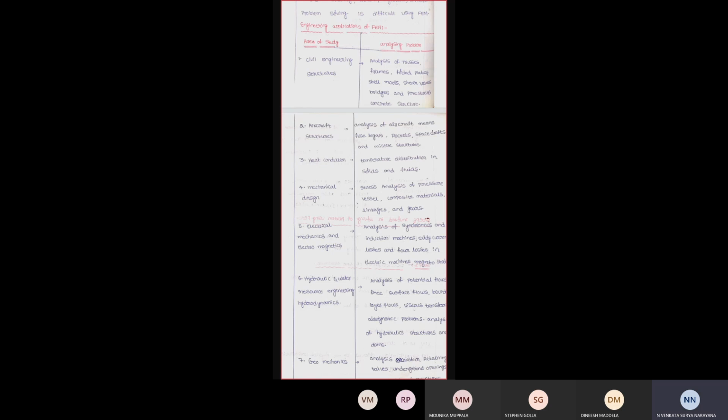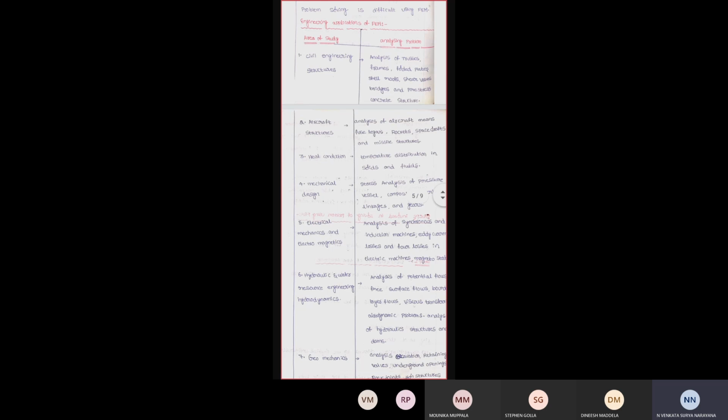Next, in civil engineering, we are analyzing trusses, frames, folded plates. Coming to aircraft structures, we are analyzing rockets, spacecraft, missile structures using the finite element method or finite element analysis.